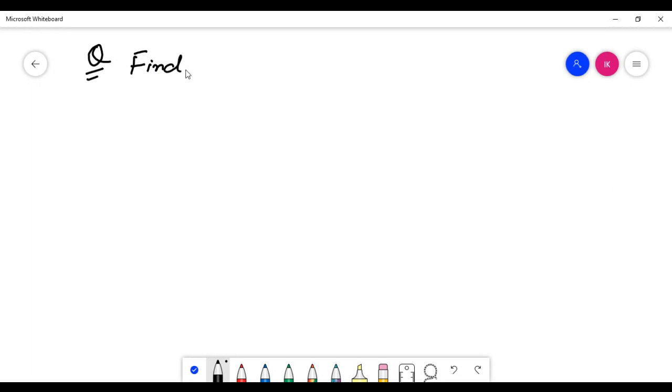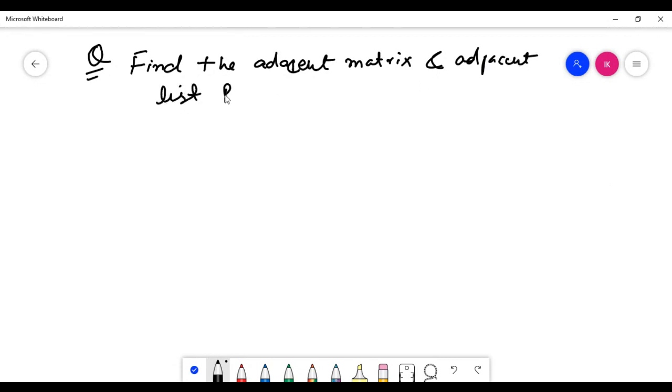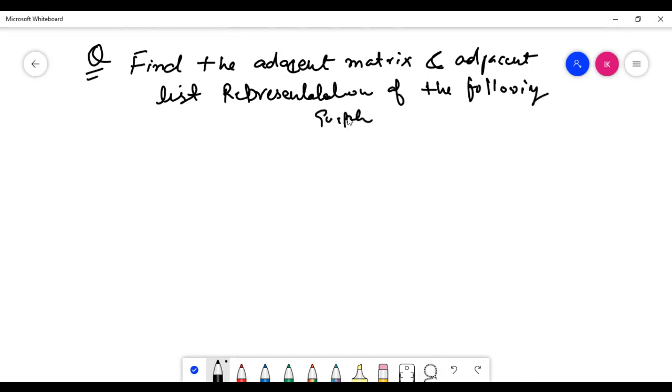Find the adjacent matrix and adjacent list representation of the following graph.